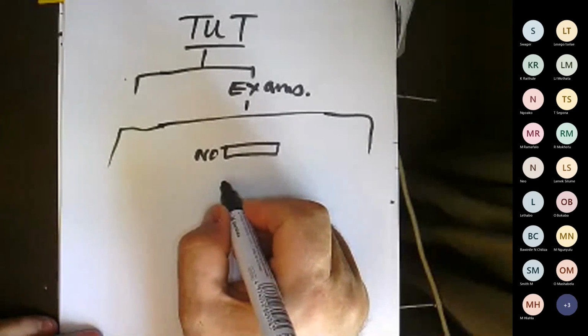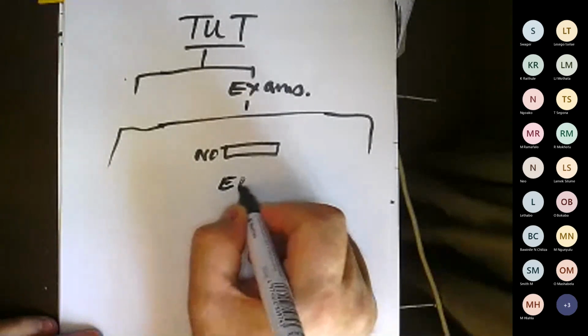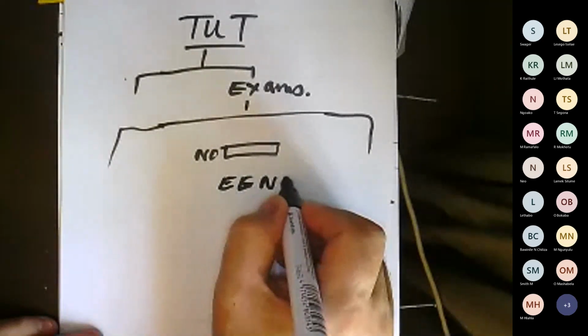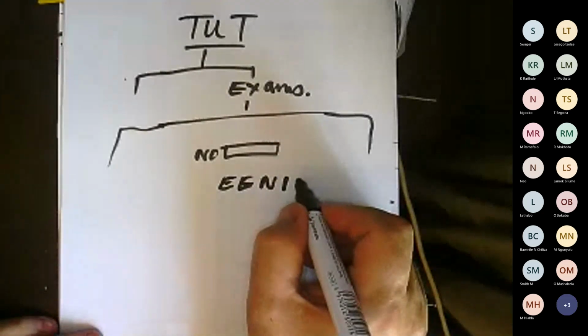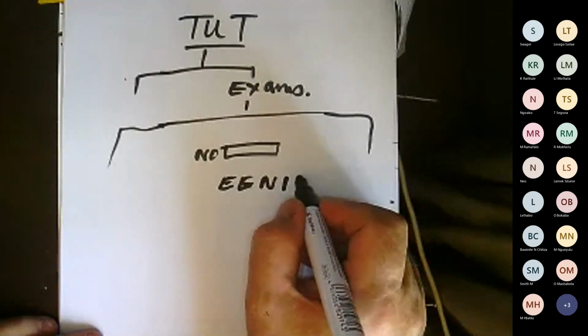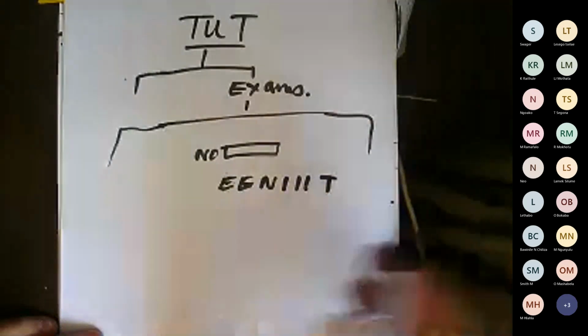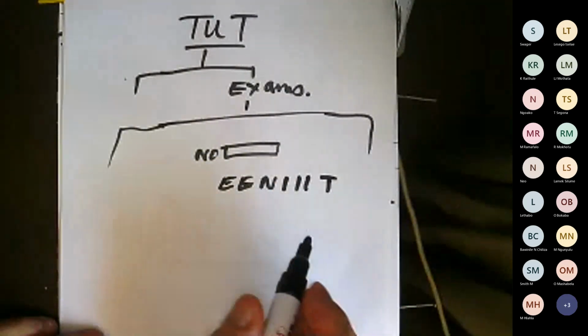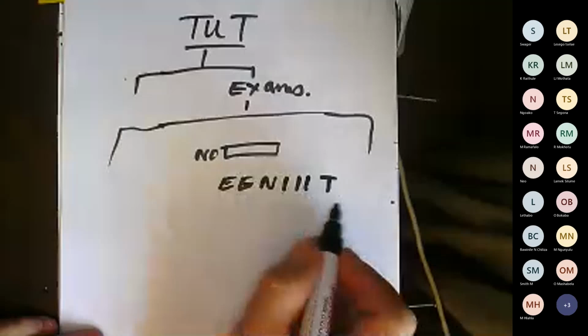EEN 111T is one subject code. There's a lot of papers under that subject code. It's my old subject.